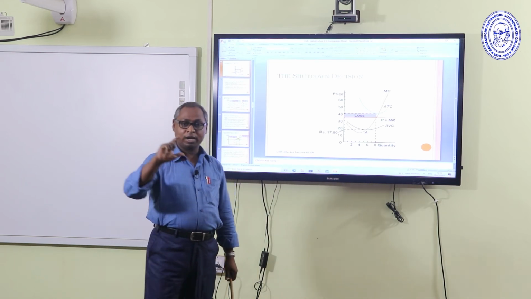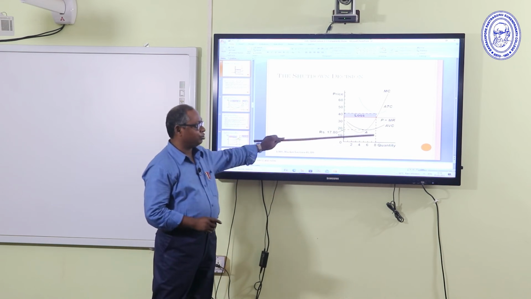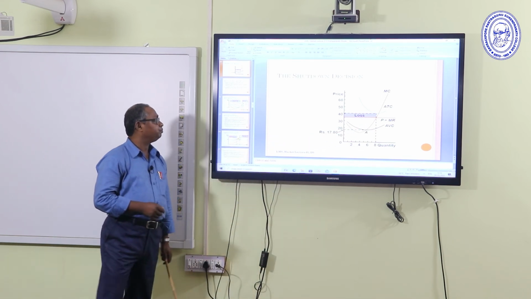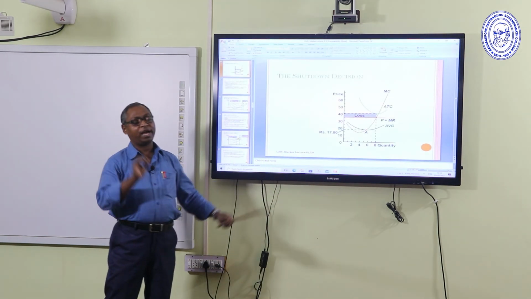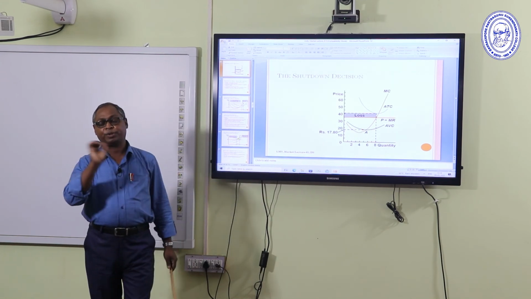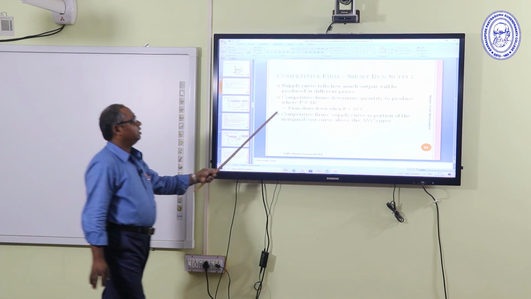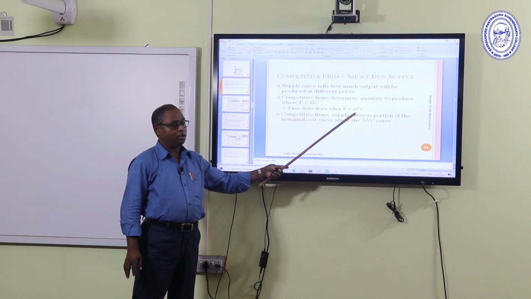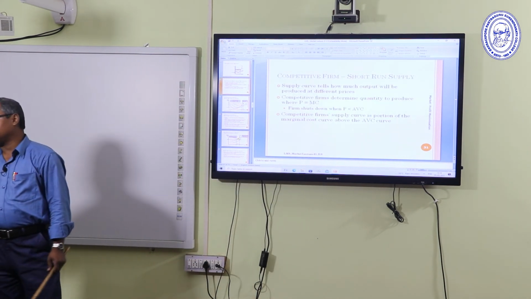The firm cannot cover the fixed cost amount along with the variable cost also. So it is better for the firm to stop production. So the firm will shut down at point A, where the price is less than the minimum point of AVC. So P should be less than minimum AVC, and the firm will shut down production.